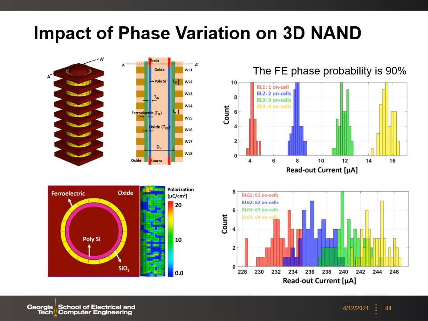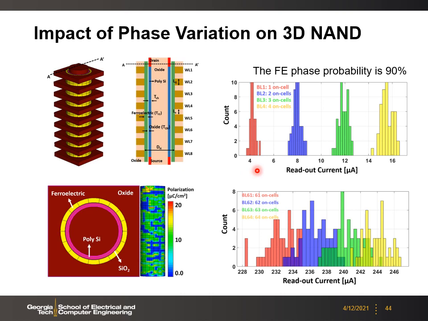Another challenge of using 3D NAND FeFET for in-memory computing is again the phase variation. So here we use a TCAD simulation to perform the analysis of the impact of phase variation of a 8-layer 3D NAND string. So here we statistically simulate 64 strings along the bit line, depending on the number of on-cells along the bit line.